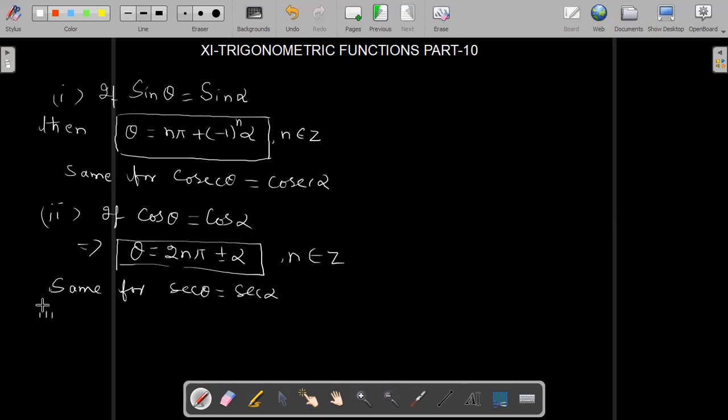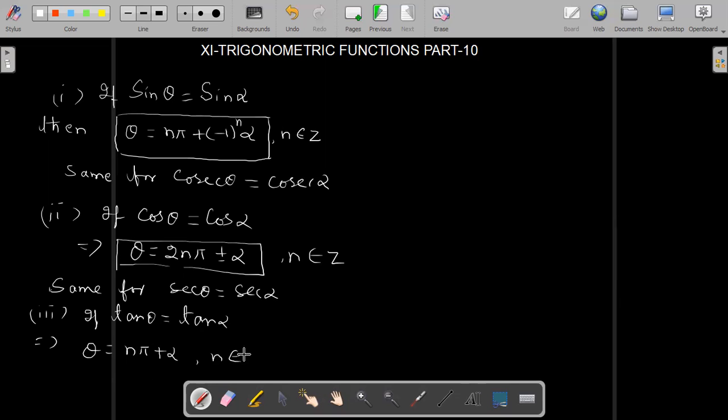And the third one is tan theta. If tan theta is equal to tan alpha, then theta is equal to n pi plus alpha. Only plus. Remember, only plus will come here, because there is one formula coming where plus minus will come.